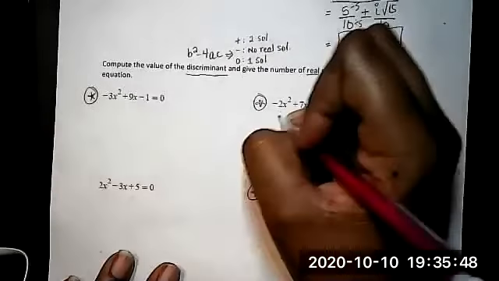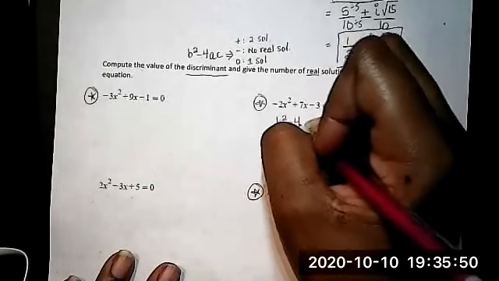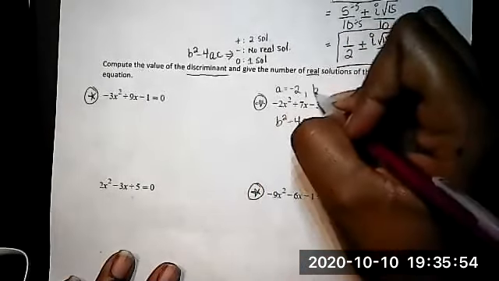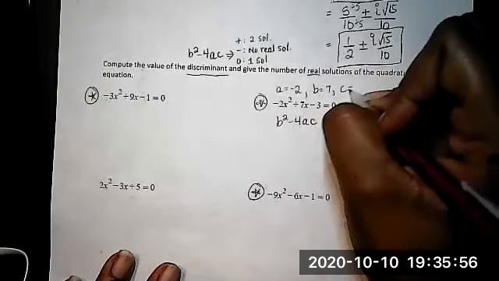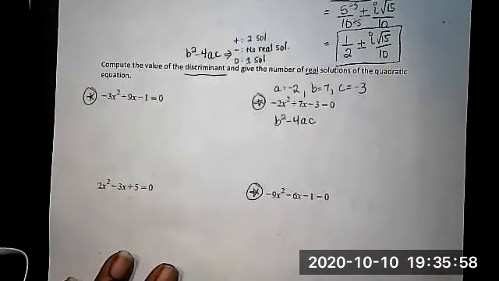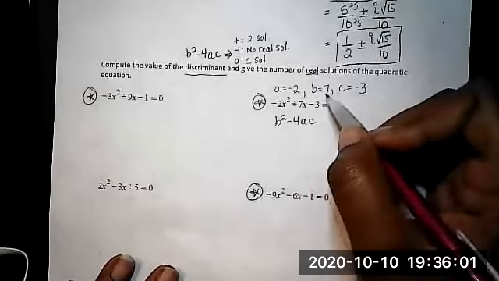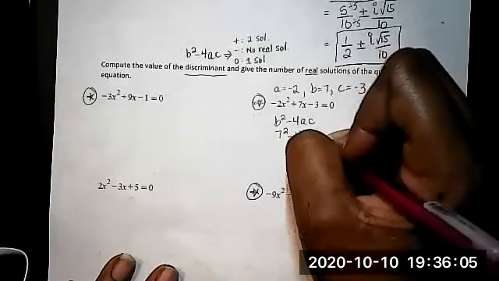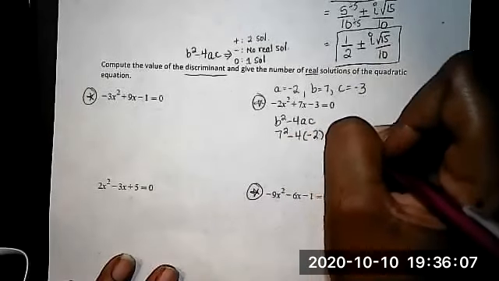Okay, so b squared minus 4ac, a we know is negative 2 here, b we know is 7, c we know is negative 3. So b squared is going to be 7 squared minus 4 times negative 2 times negative 3.